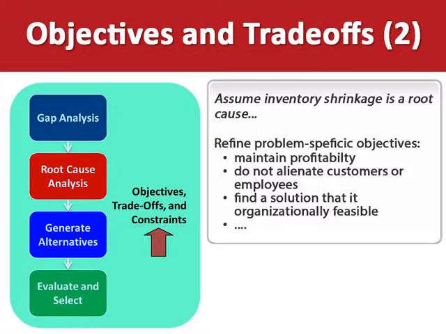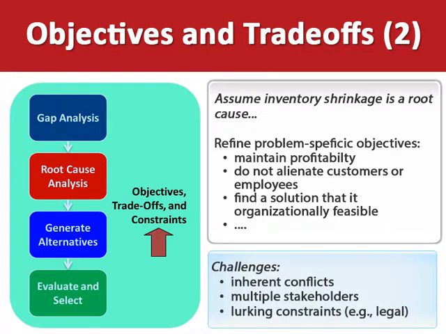Of course, the process of refining objectives has its own challenges. At the very core, the key issue is that there's inherent conflicts between many of these objectives. For example, anything you do to maintain profitability is going to cost money, thereby threatening profitability. There are also multiple stakeholders in most large decision problems.